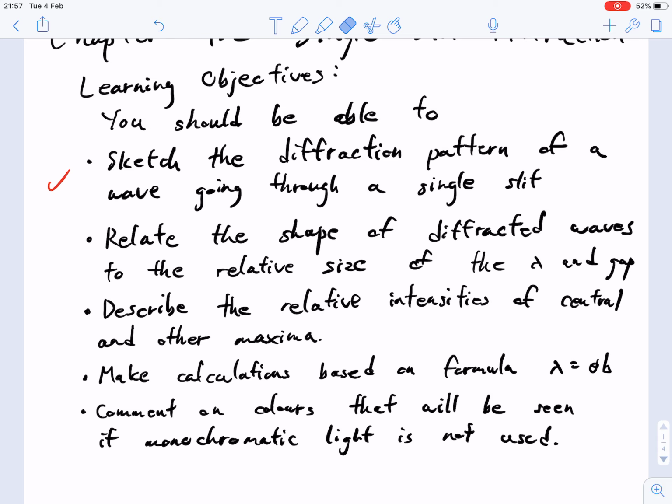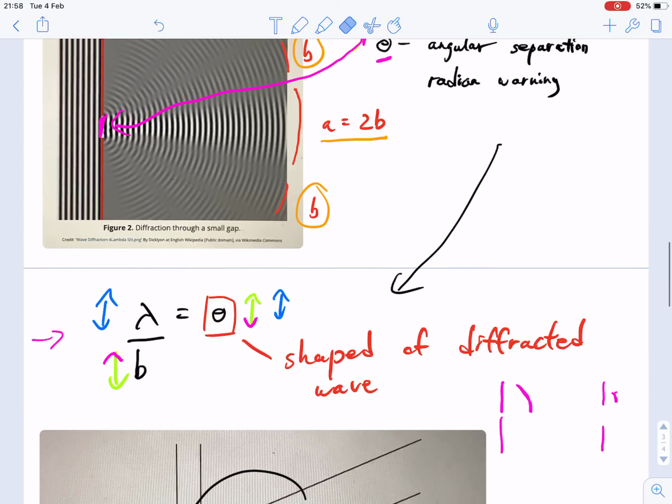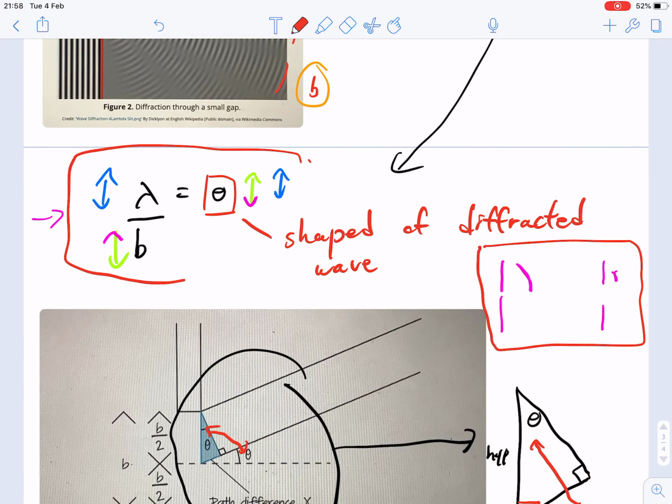Second one, relate the shape of diffracted waves to the relative size of lambda and gap. So that was this part right here that we went through pretty fast. So how does the angle change? This little part right here.